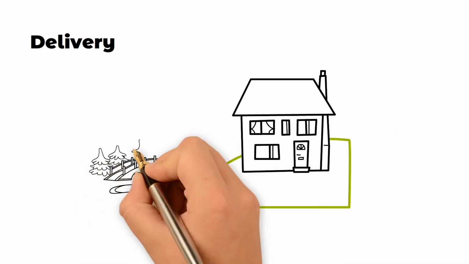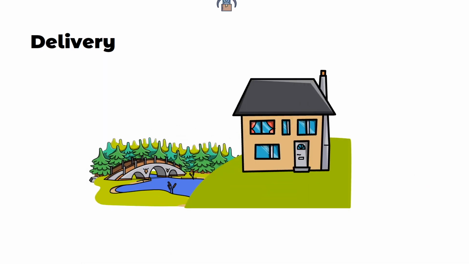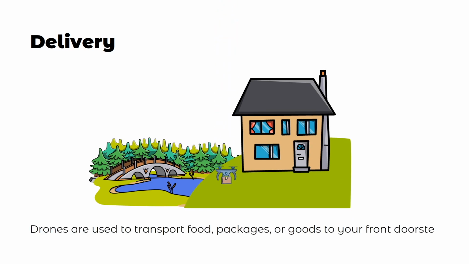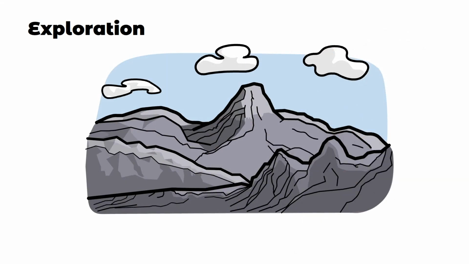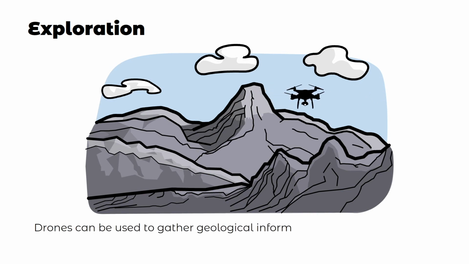Delivery. Delivery drones are usually autonomous RPAs. Exploration. Drones with specific electromagnetic sensors can be used for oil, gas, and mineral exploration.